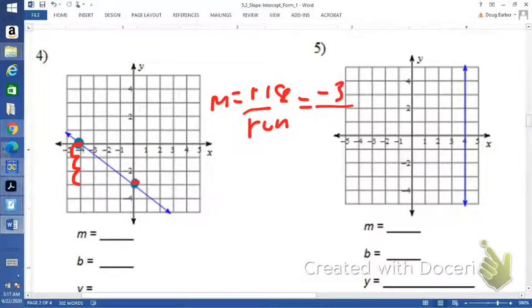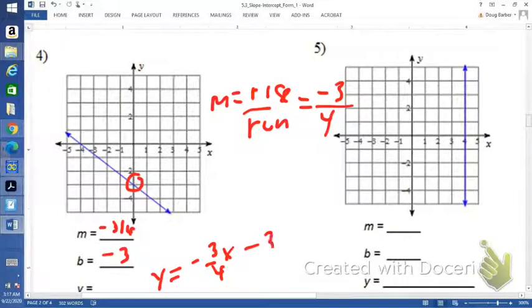So we have -3, and then the run is 1, 2, 3, 4. So -3/4 is the slope. Where does it cross the y-axis? Right here at -3. So we're going to have our equation in slope-intercept form, y equals -3/4 x minus 3.